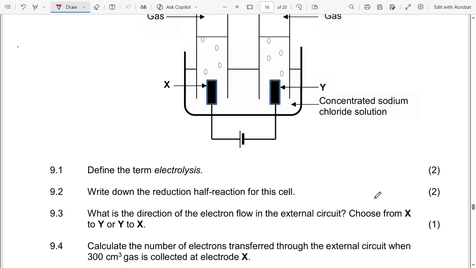The reaction will not happen by itself. That's what we call an electrolytic cell. Therefore, if the reaction cannot happen by itself, electrical energy must be supplied by the battery. The key words in your definition are electrical energy and non-spontaneous reaction.